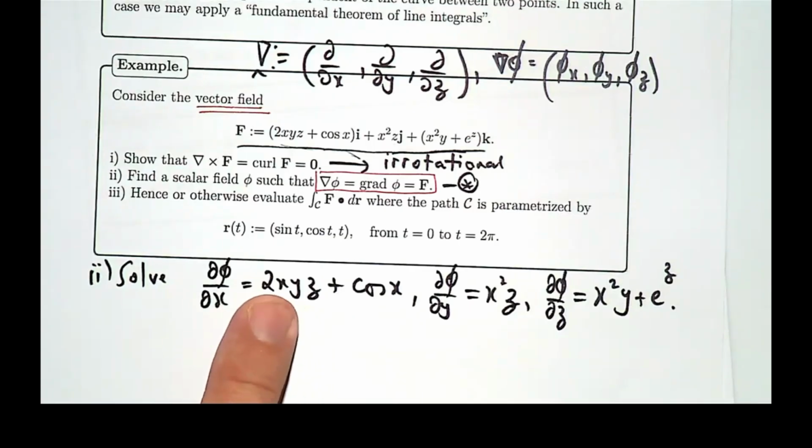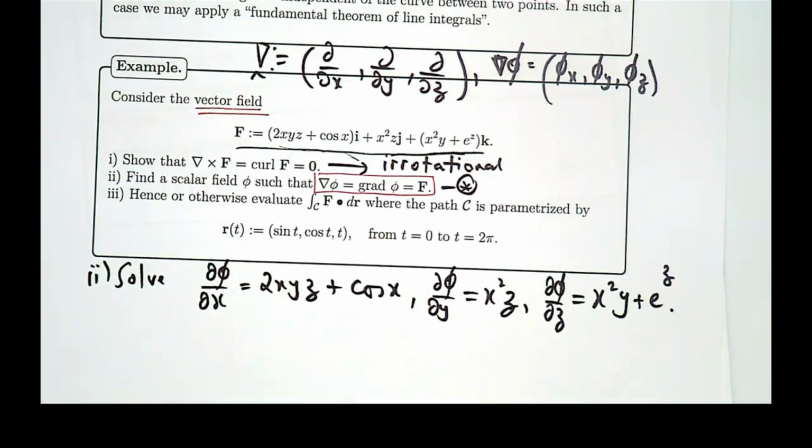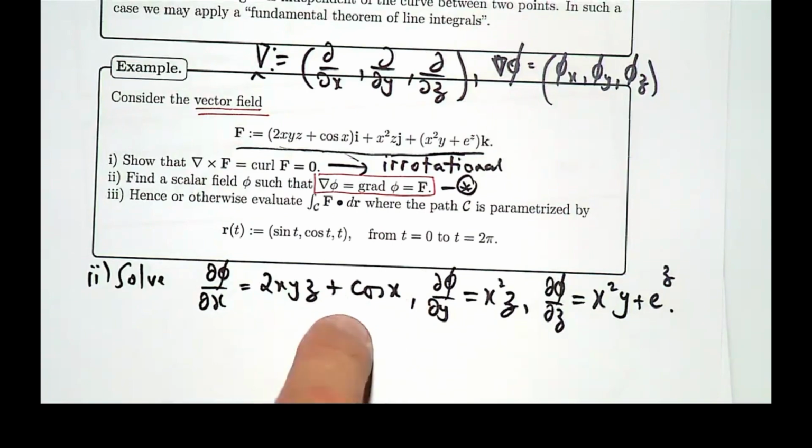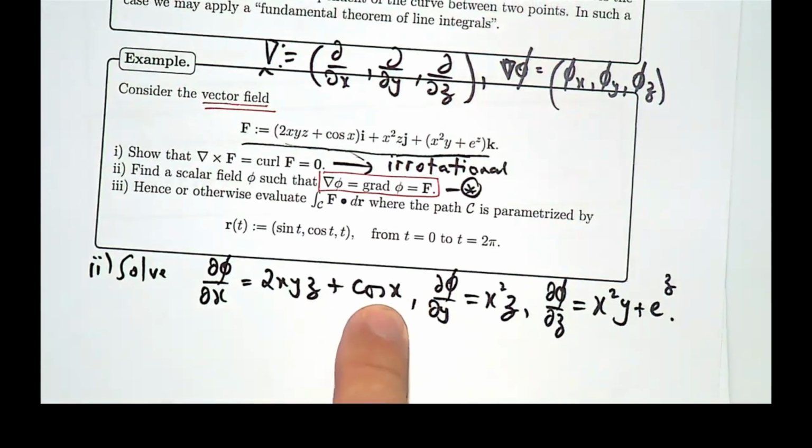Well, that 2x is going to become x squared, and everything else is a constant. I'm going to integrate cos x as well, so that'll become sine x, that'll become x squared yz, and then I just need to think about some sort of constant of integration.